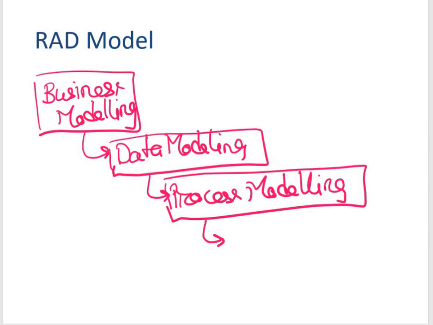After process modeling, we have application generation. That means we'll come up with the application now.